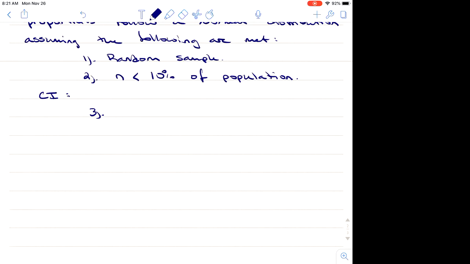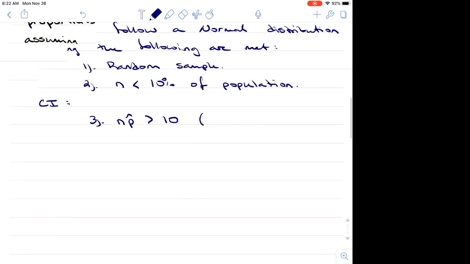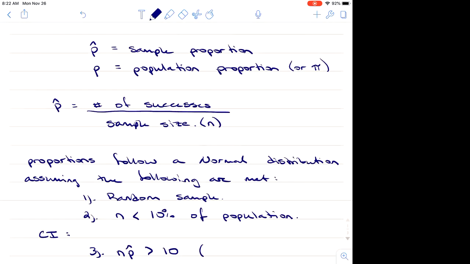So for a confidence interval, we have to check that n times p hat is greater than 10. N times p hat is the number of successes, right? So looking back at p hat, p hat is the number of successes over n. If I multiply n over, then I have n times p hat is the number of successes.